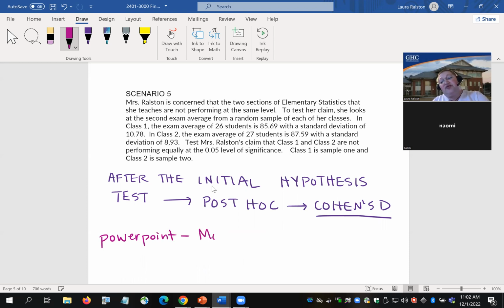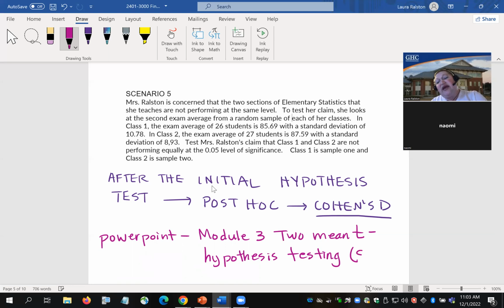It's under module 3, two mean t hypothesis testing. Specifically in that PowerPoint, you want to look at slide 6.